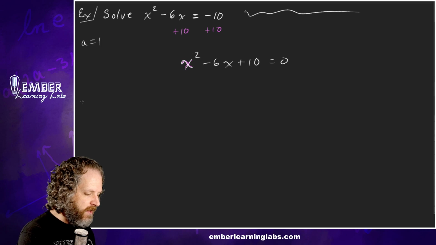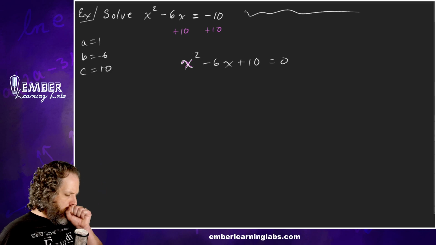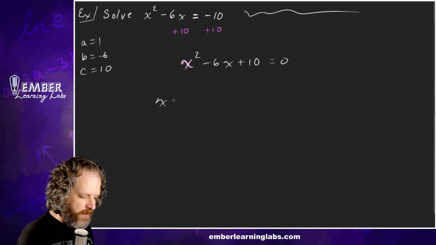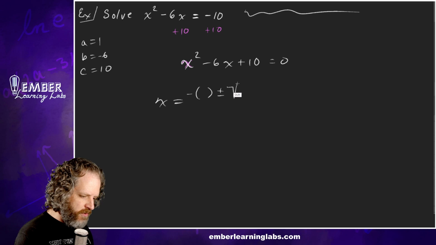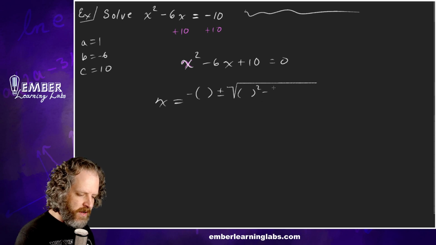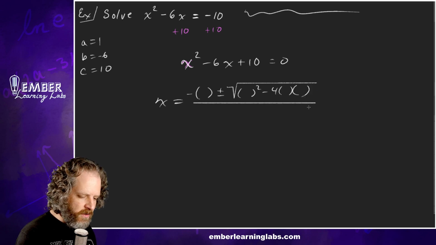So a is 1, b is negative 6, and c is 10. We're going to plug it into the quadratic formula. X equals the opposite of b plus or minus the square root of b squared minus 4 times a times c all over 2 times a.